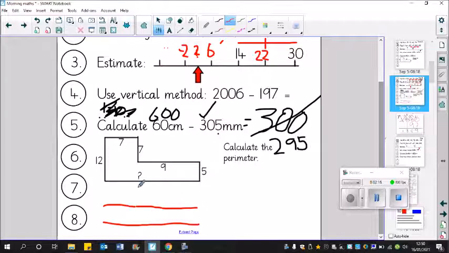Now this line, I'm going to put a little line there so that we know. Right, this line is 7 centimeters or millimeters or meters or miles or whatever. So this is 7 long, and this is 9 long. 9, 9, 9. So therefore this question mark one must be 16. 7 add 9 equals 16. So we can cross that out, and we can put a 16 just there.